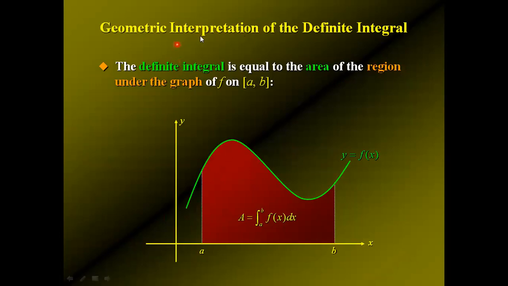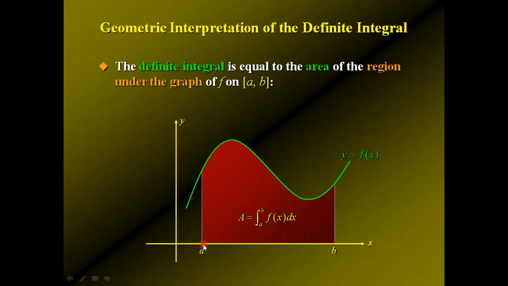Now, the geometrical interpretation of the definite integral. The definite integral is equal to the area of the region under the graph of f on the interval [a, b]. Suppose we start from x equals a and end at x equals b. How can we find this total area? Very interestingly, this area can be found by the definite integral from a to b.